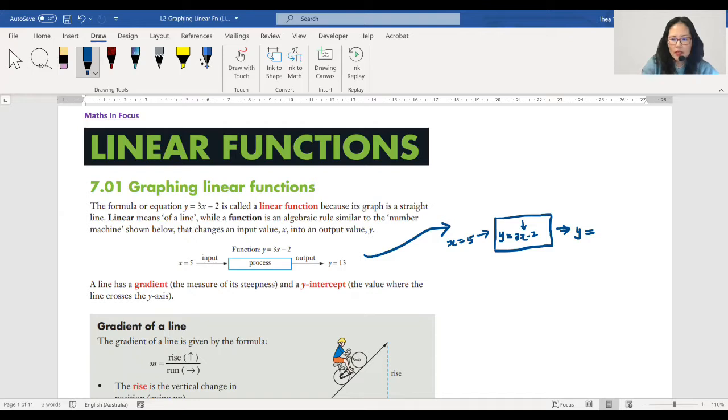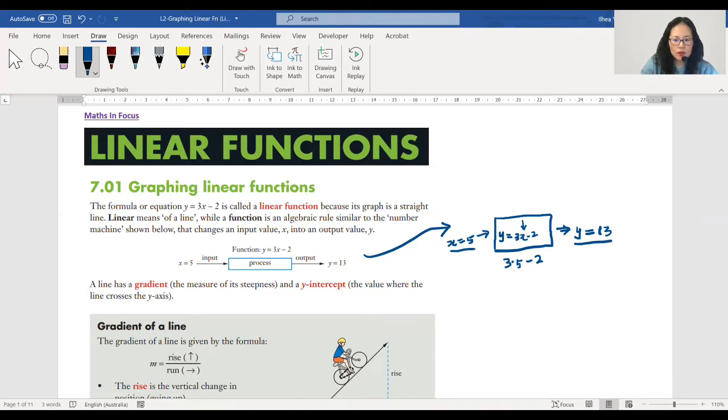So in your head, you're doing 3 times 5 minus 2, which is 15, take away 2, which is 13. That's all that was. Nothing special. So the input is x equals 5, and the output, your product, is y equals 13.